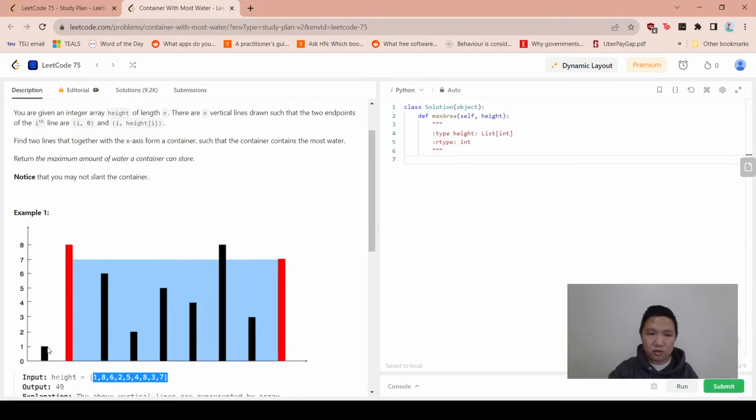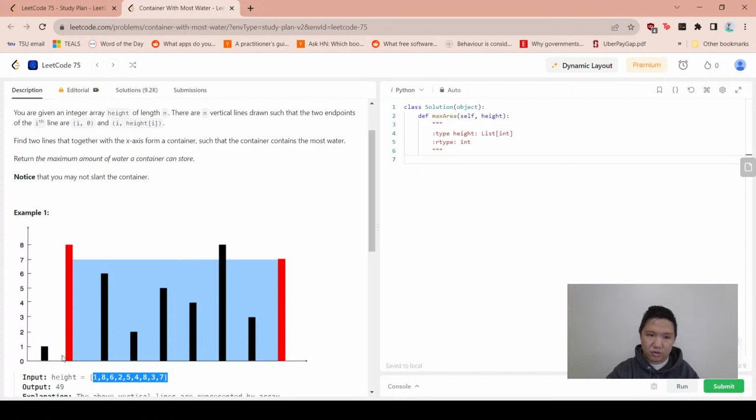So if your shorter wall, this one right here, is only 1 unit tall, and the other one can be as tall as you want, it doesn't matter. The depth of the water that this pair of walls can hold is just 1. It's based on this guy. Okay? Two, the width of the water is the distance between the two walls.